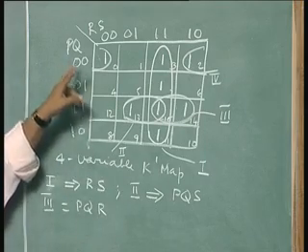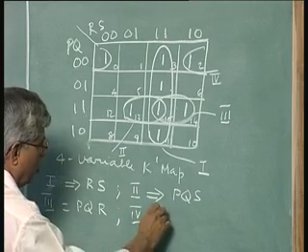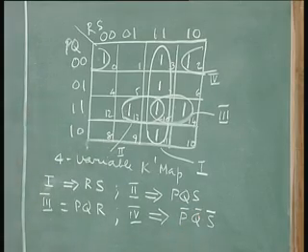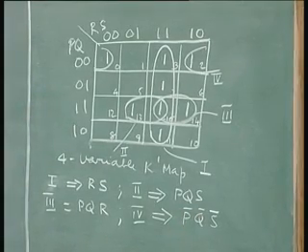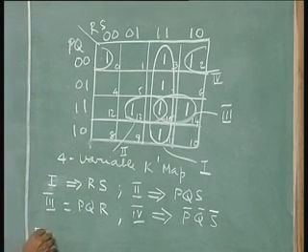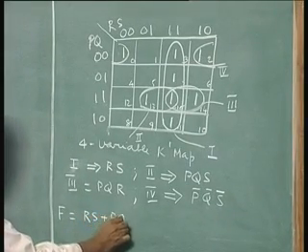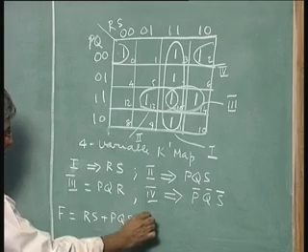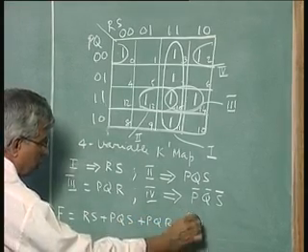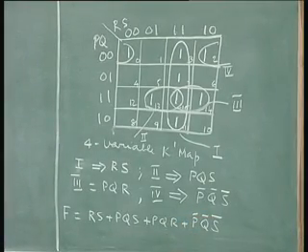So, it is P bar, Q bar, S bar. So, that means my final expression is RS plus PQS plus PQR plus P bar, Q bar, S bar.